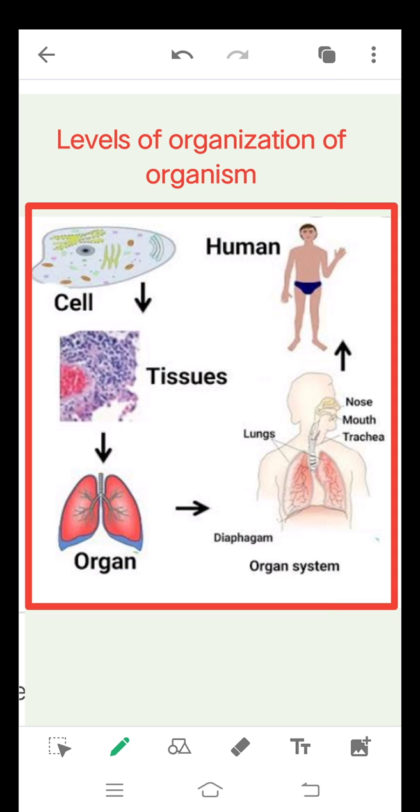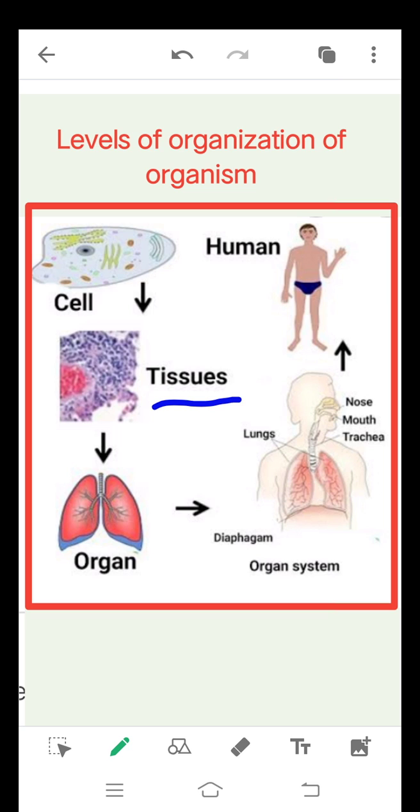But in multicellular organisms, different cells come together and form a group to perform a specific function. And this group of cells performing a specific function is called a tissue. So we can define tissue as a group of cells performing a specific function.